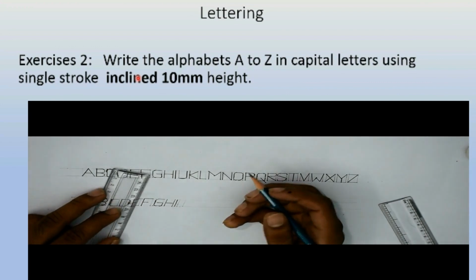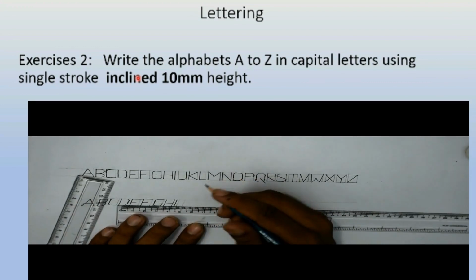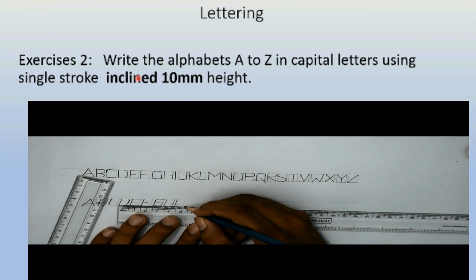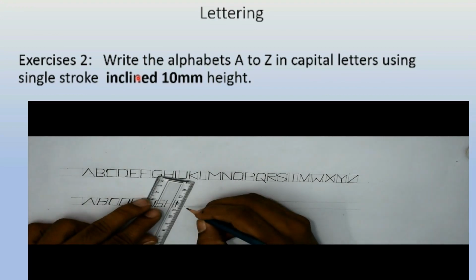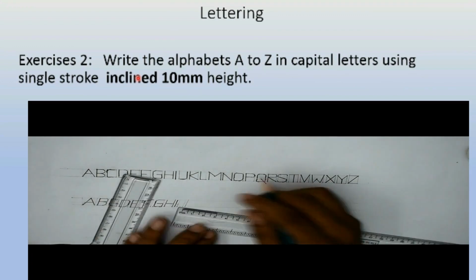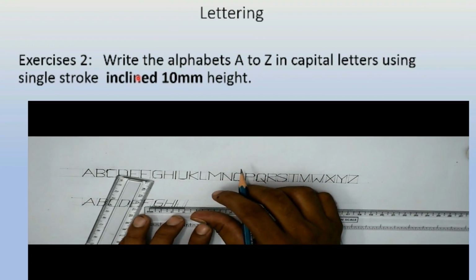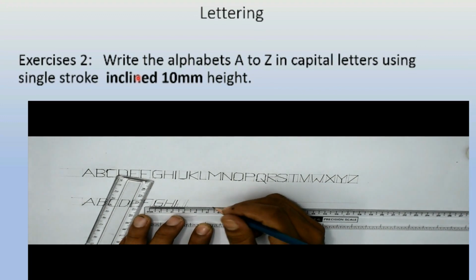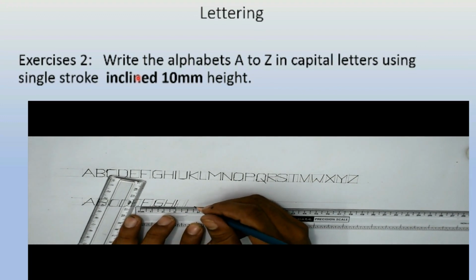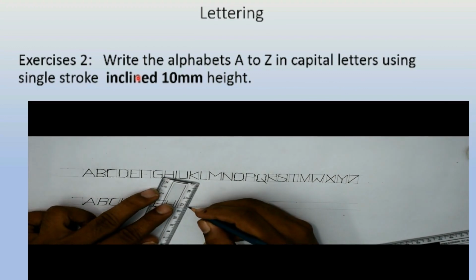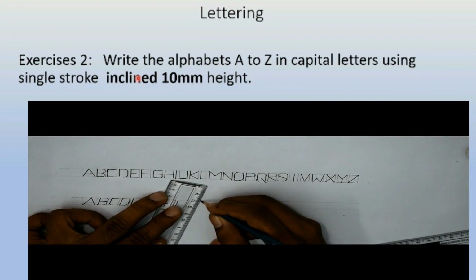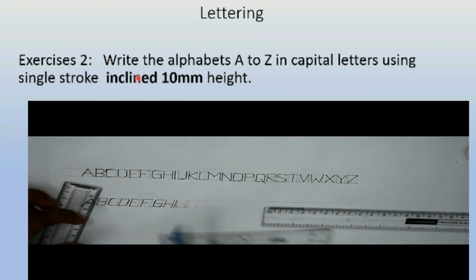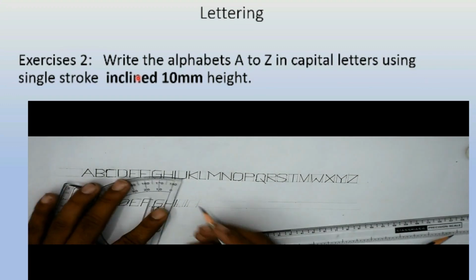Earlier I took somewhat more. It will look good if I take 5 here. And this is the gap again. This is 2 mm distance and this is 7. So this is the letter J.